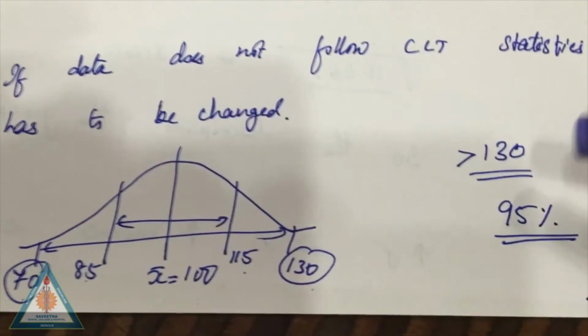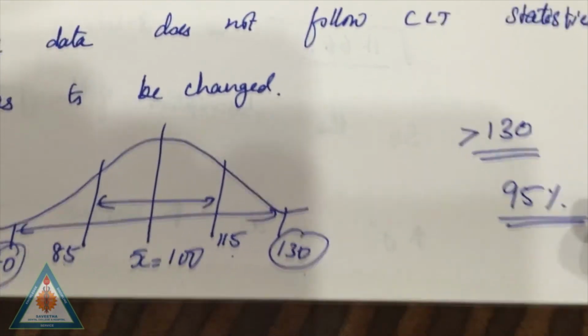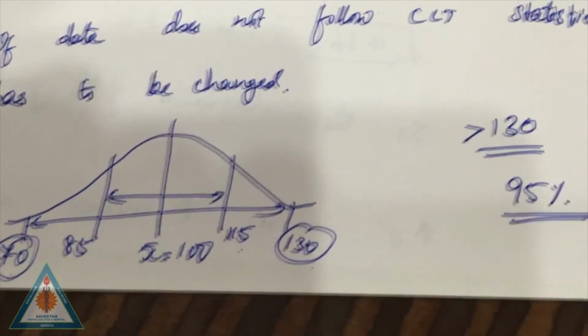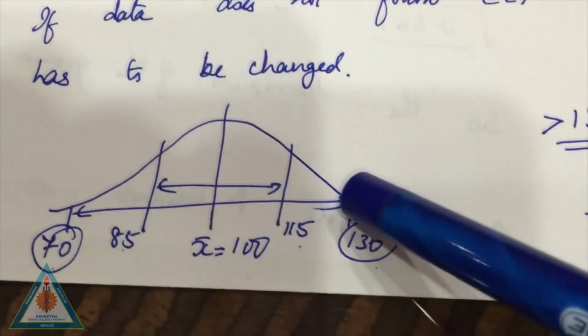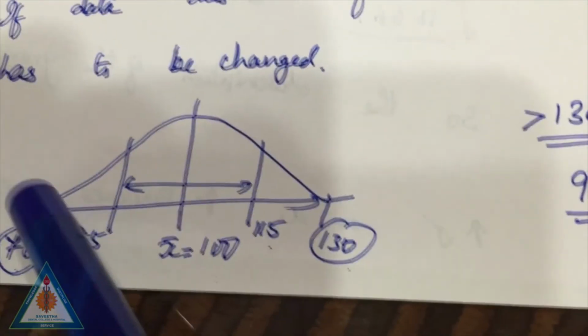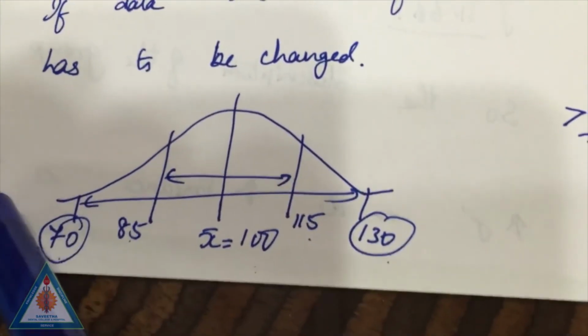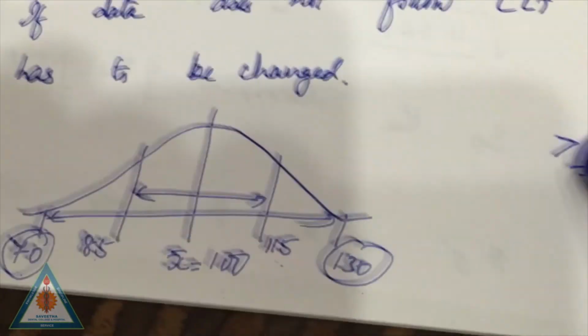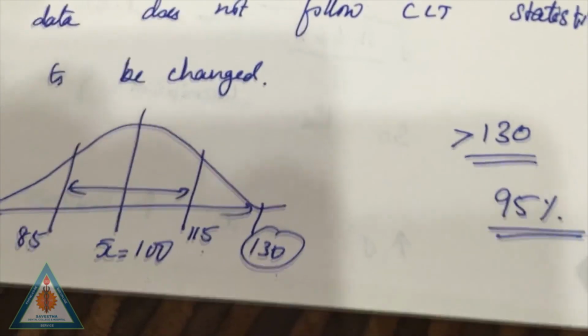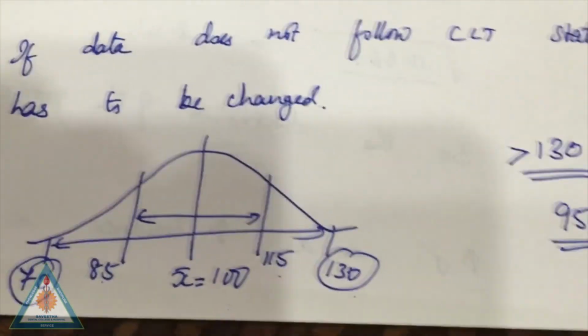So in this context, if you have an IQ more than 130, you can say you are above the 95% of the population. But you should remember that we are only looking at this end, whereas this end will be another 2.5% on either side. So actually, if your IQ is more than 130, it means that you are above 98% of the population.